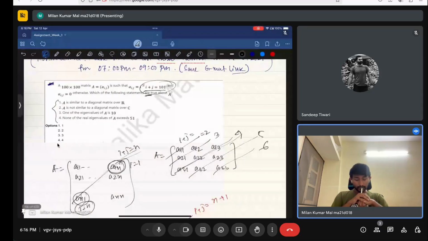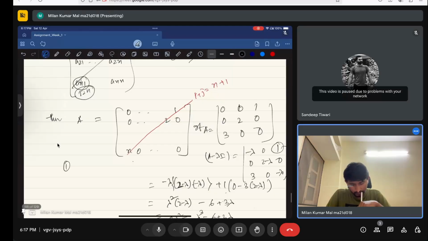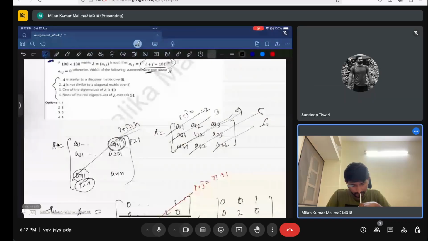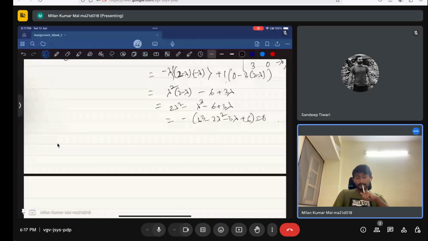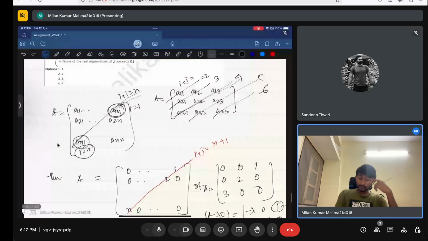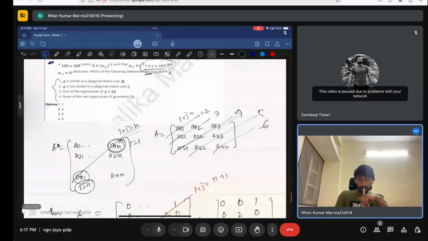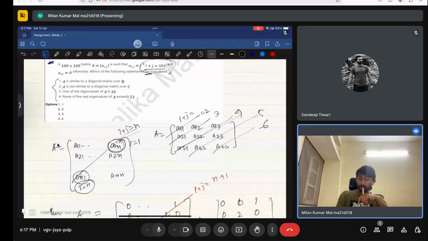One of the eigenvalues of A is 10. Okay, so A is not similar to a diagonal matrix over C. A is similar to a diagonal matrix over R. A is not similar to a diagonal matrix over C. One of the eigenvalues of A is 10.